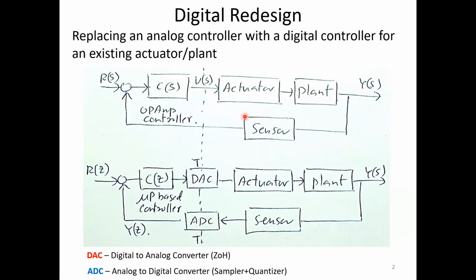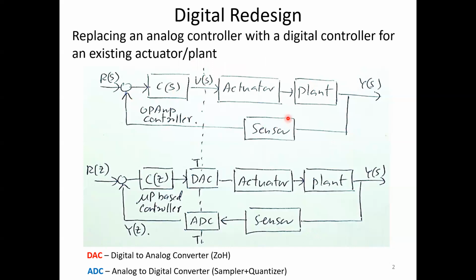Now, you will feel very comfortable seeing this control system, because you have spent a lot of time on the continuous time feedback loop. Now, if you look at the modern way of controlling systems, it is not exactly this way.